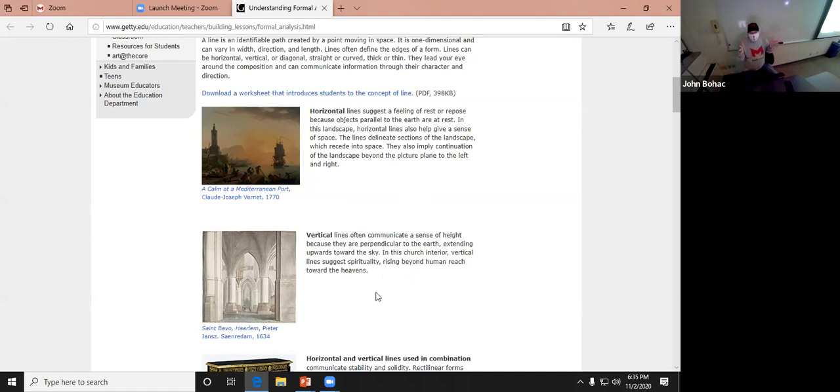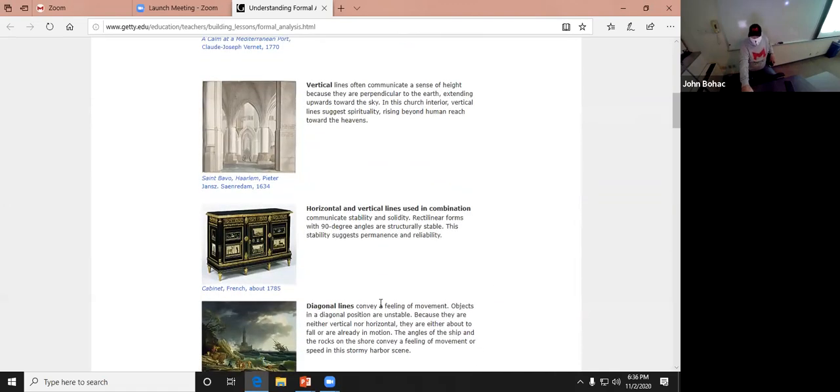We're going to find this happening in a lot of stuff, especially when we look at mosques and the minarets, which are just straight up vertical and reach beyond human reach towards the heavens. We'll see when we look at Gothic Christian cathedrals, they go up, they reach beyond what people can reach, toward the heavens.